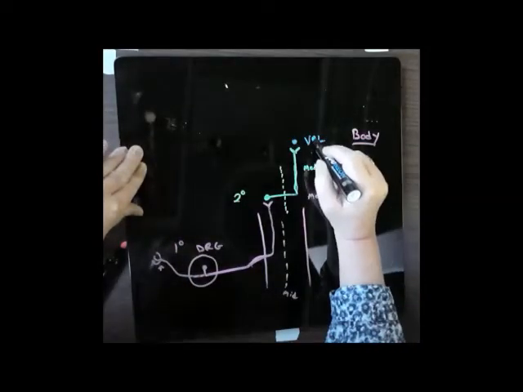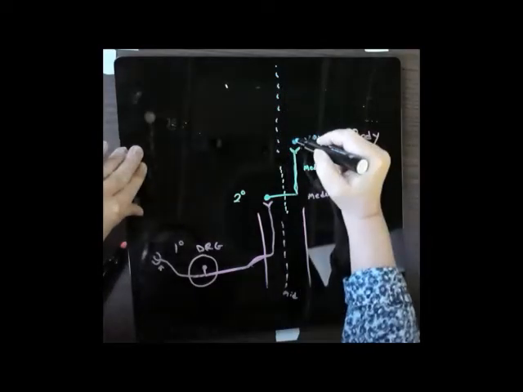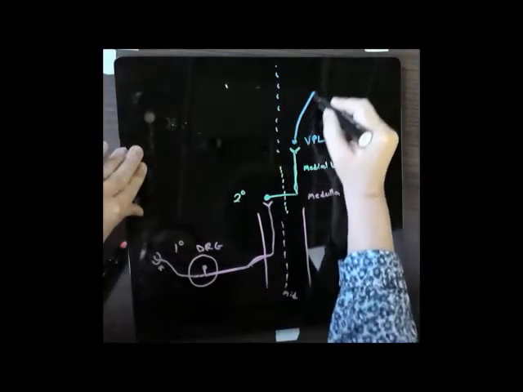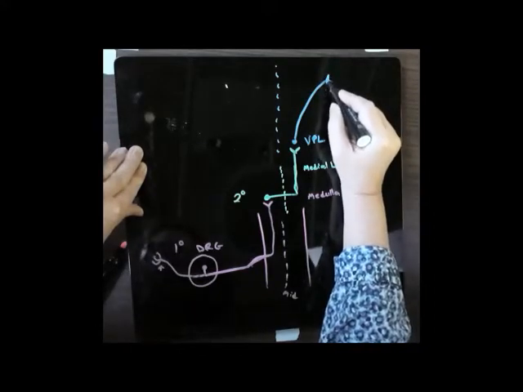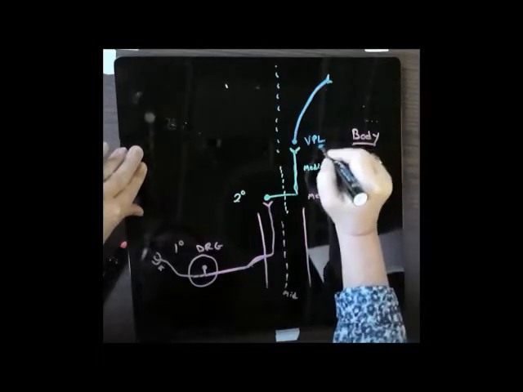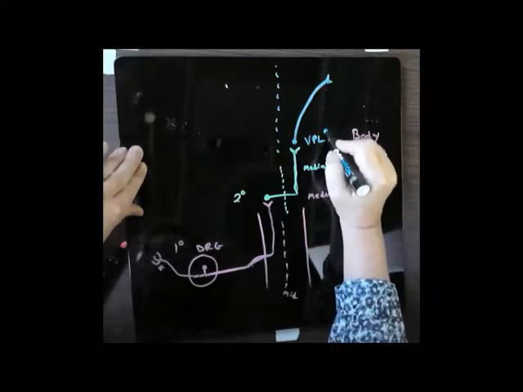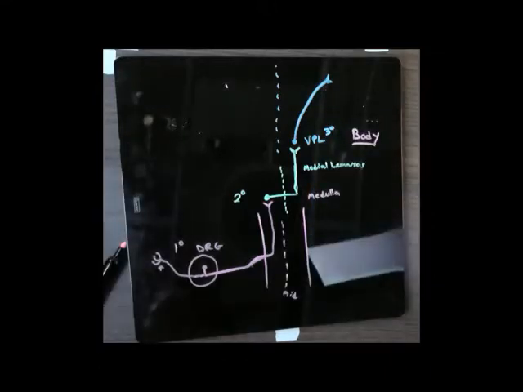Okay, so what does this neuron do? We still have a midline. This neuron ascends ipsilaterally to the cortex. It's going to make a synapse on the fourth order neuron. So the VPL thalamic neuron is the third order neuron in the pathway, and it's going to synapse on the fourth order neuron in the pathway.